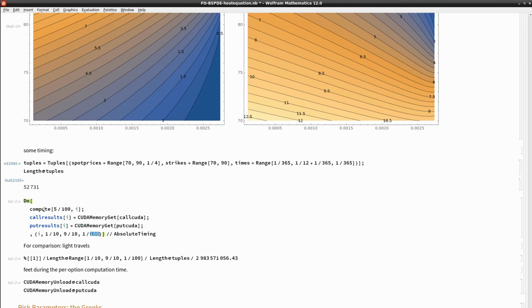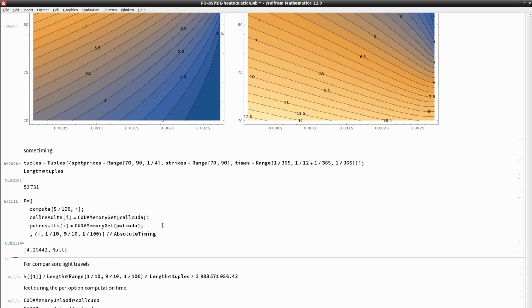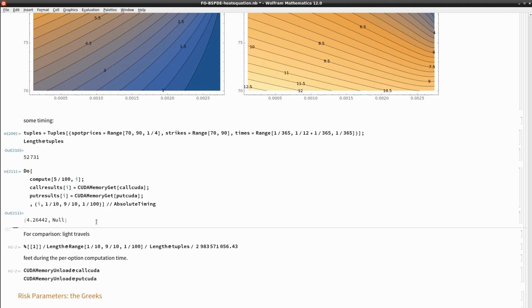And then this is what I call with the loop variable i in compute. And when compute is done, I can do CUDA memory get operations on the calls and the puts, and I store them away in variables called call results and put results that depend on the volatility and not the timing result. This should be like 5 seconds or so. This goes fairly quick, yeah, 4.2 seconds.